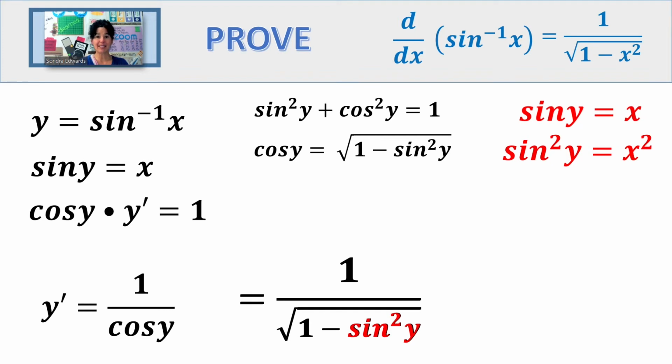So we can replace this sine squared of y with x squared, and what do you know? The derivative of sine inverse of x is equal to 1 over the square root of 1 minus x squared.